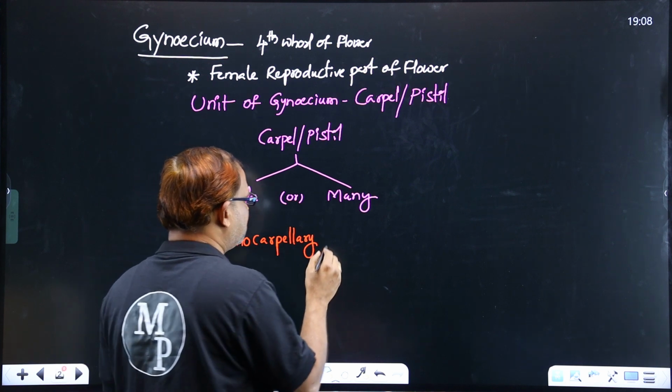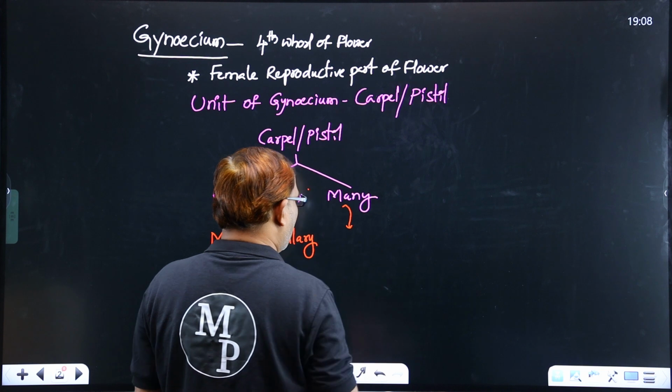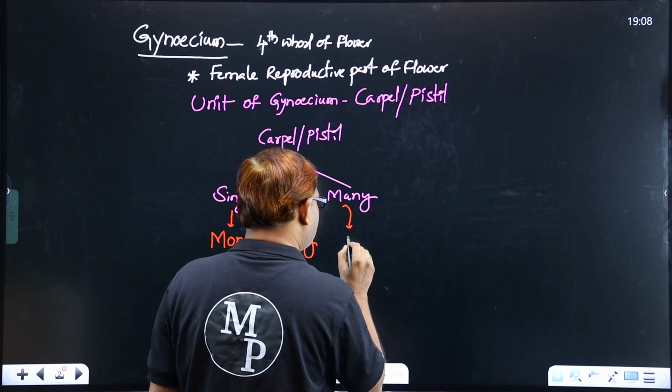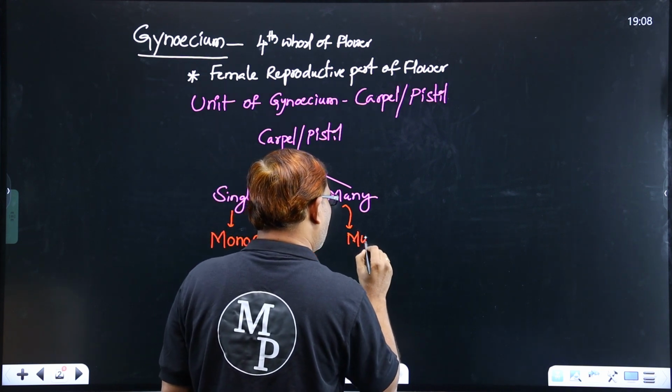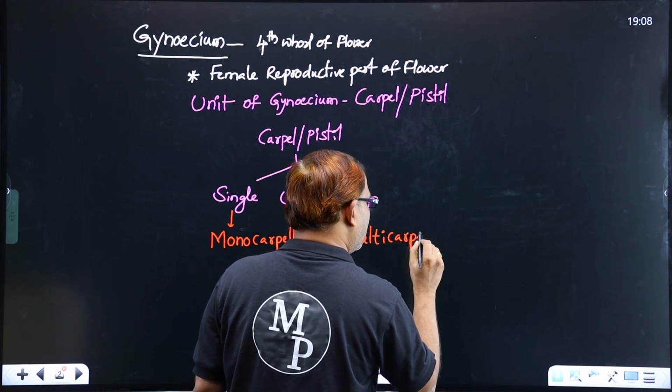When carpels are many, the name is called multicarpellary.